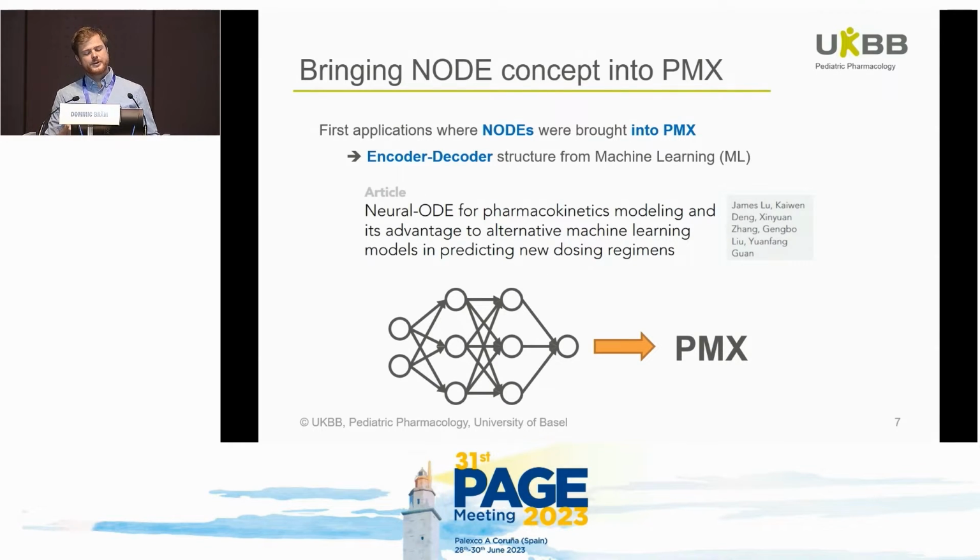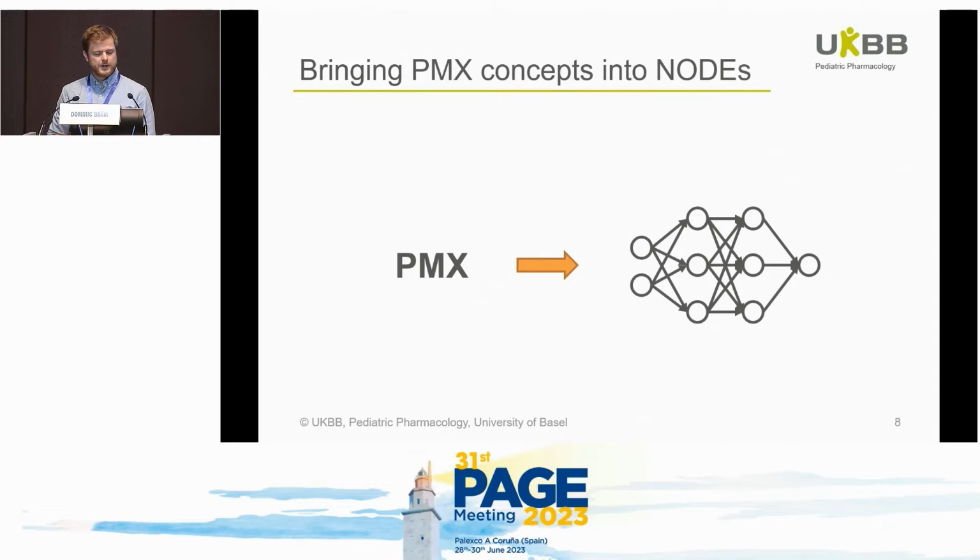So they brought this machine learning approach into pharmacometrics. But yesterday we heard from Uri Nahum that it's always a good idea to include expert knowledge into your machine learning approach. And this is exactly what we wanted to do: bring pharmacometrics into the NODEs and the neural networks.